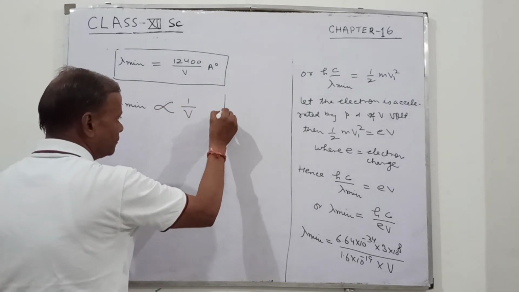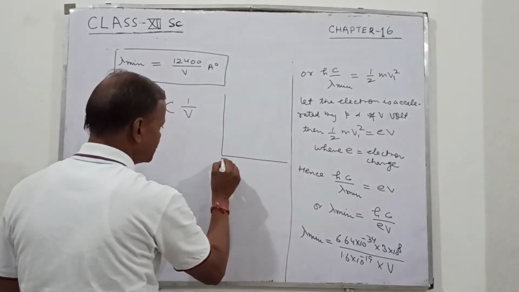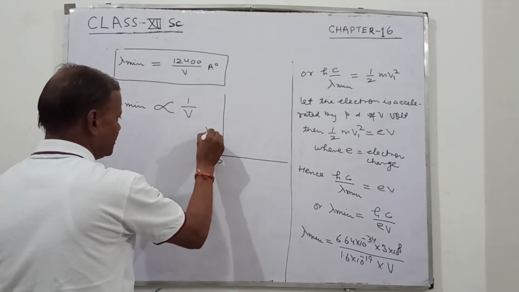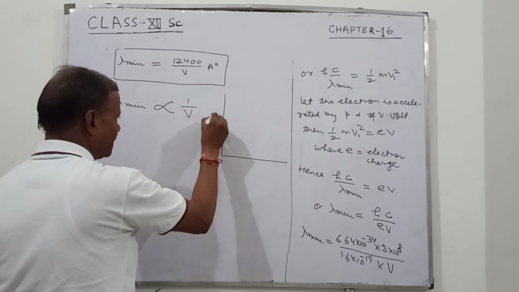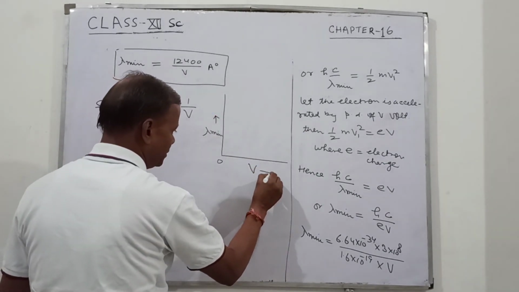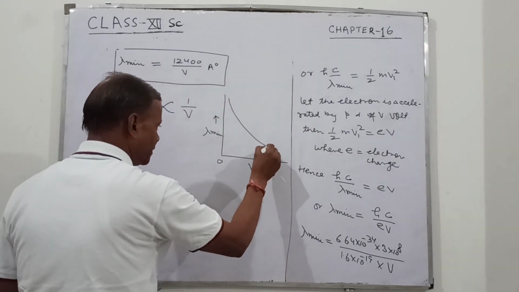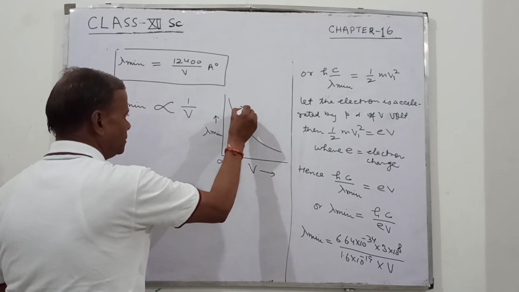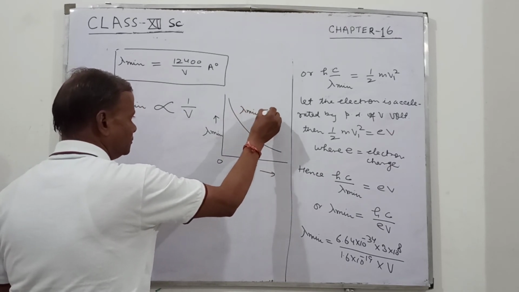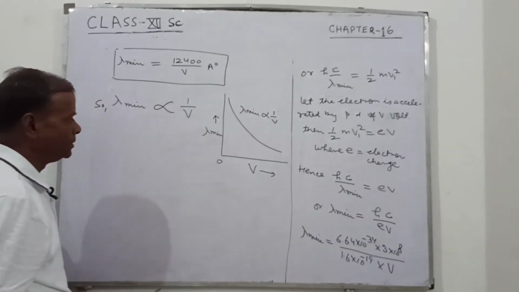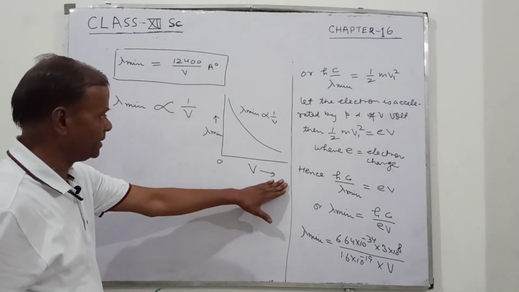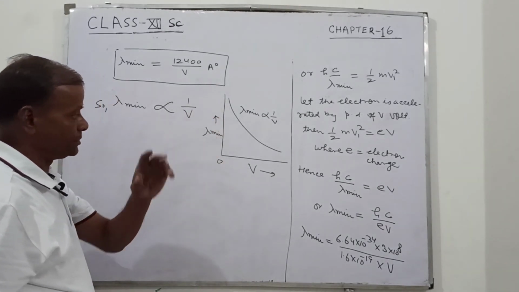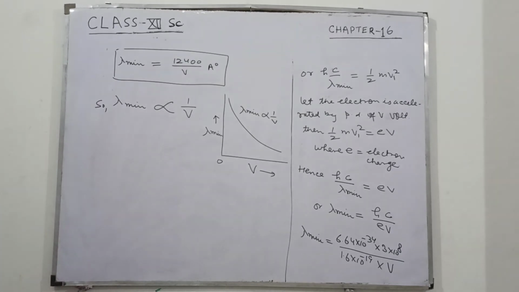So suppose this is your lambda minimum and this is the applied voltage V, you will find a curve like this. This shows that as the voltage is increased, lambda minimum decreases. Thus the energy of the X-ray photon can be increased by increasing the potential difference.